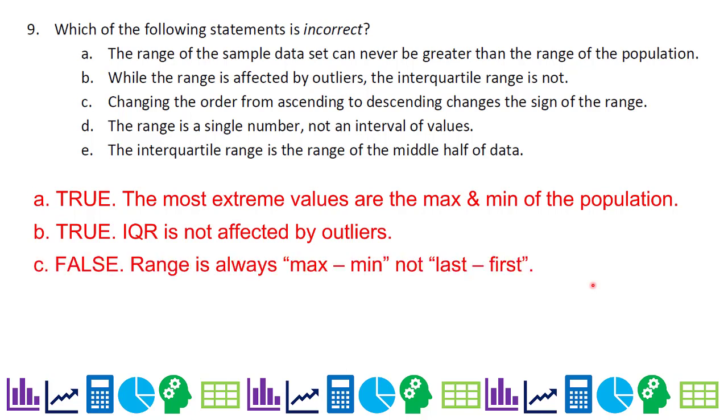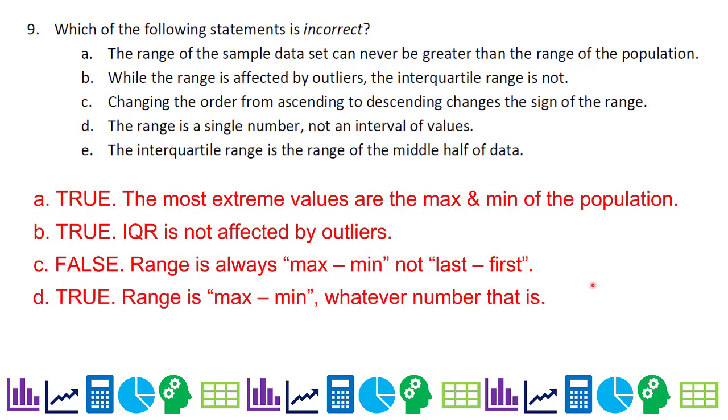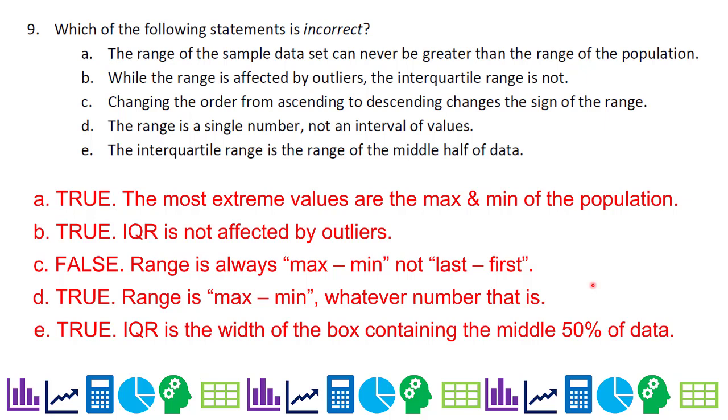C, changing the order from ascending to descending changes the sign of the range. So that's false. Range is always max minus min, not last minus first. And then D, the range is a single number. Yes, it's whatever you get from the subtraction of max minus min. And IQR is the width of the box containing the middle 50% of data, so that's true. So the only one that is incorrect is C.